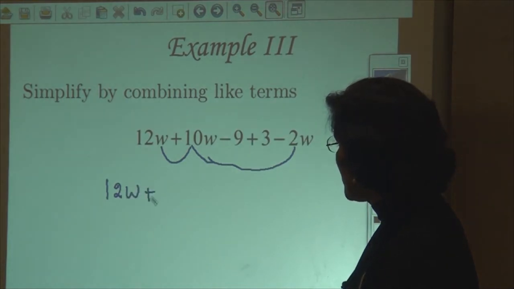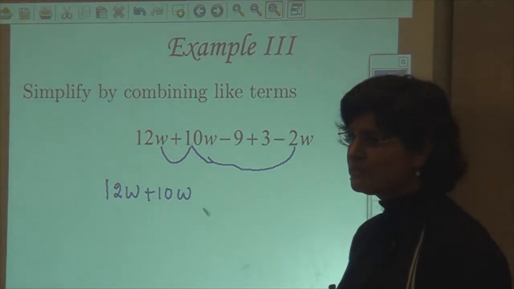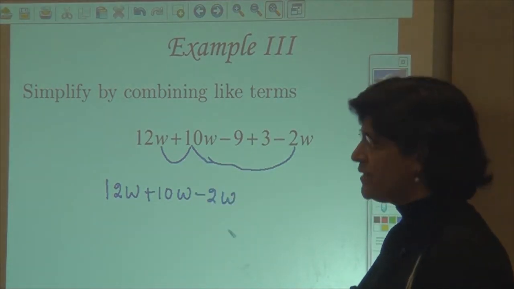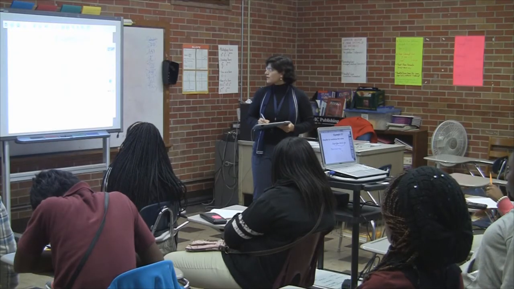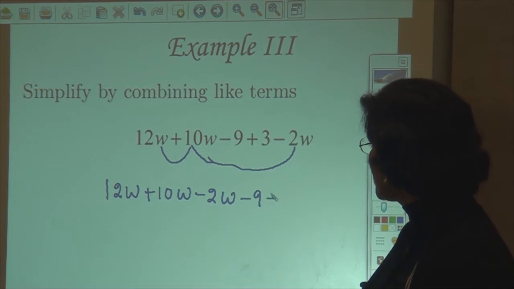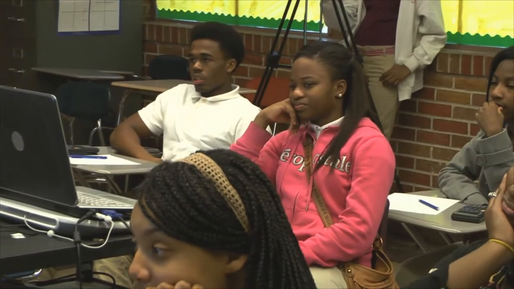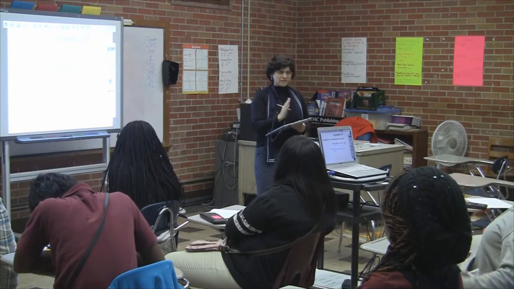So what we'll do, we will write 12W plus 10W. What will I write next to it? Exactly, minus 2w. What do I write next? Minus 9 plus 3. Now how do we combine? We add them. We can make mistakes if we try to do everything together.